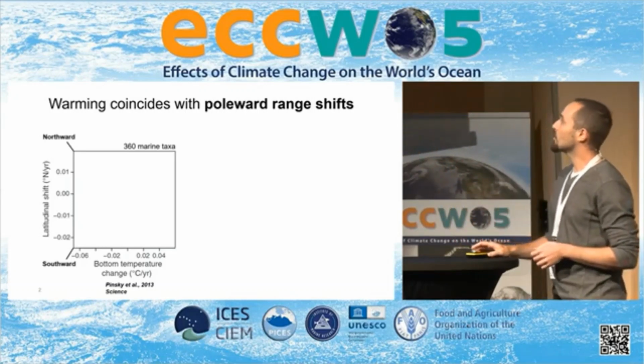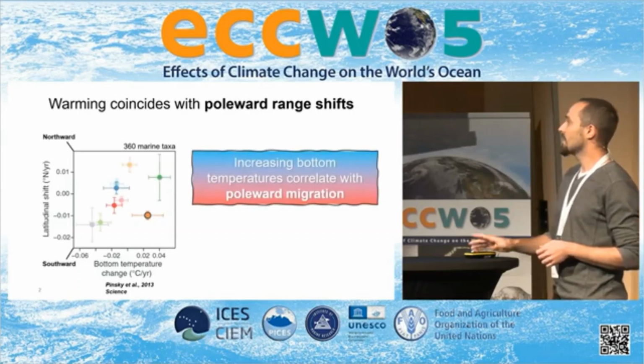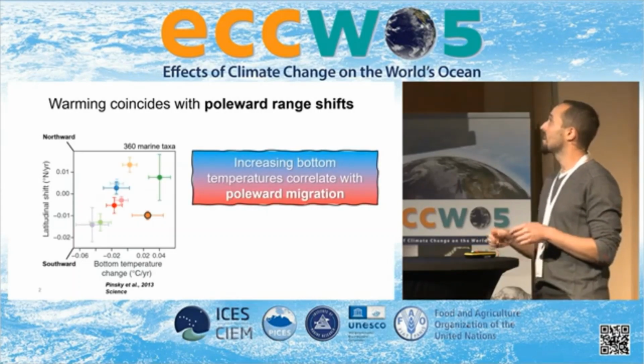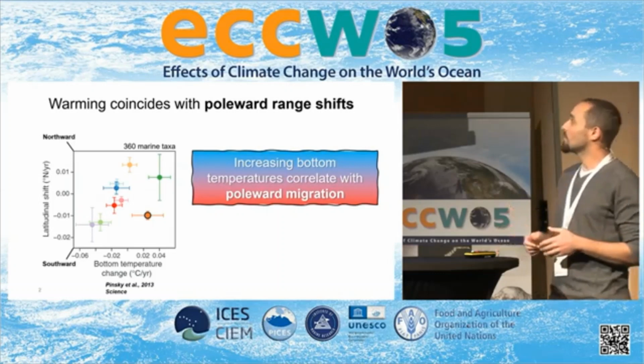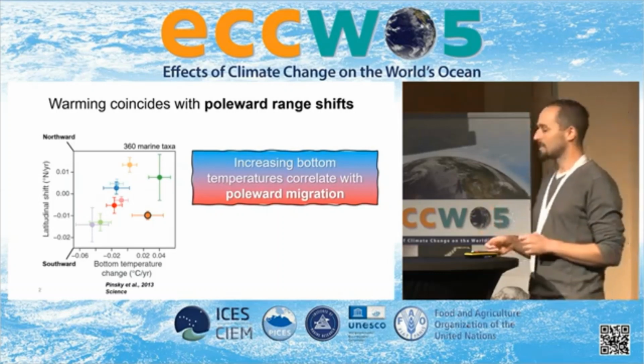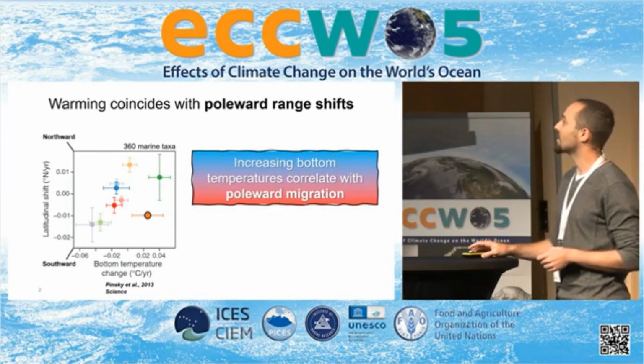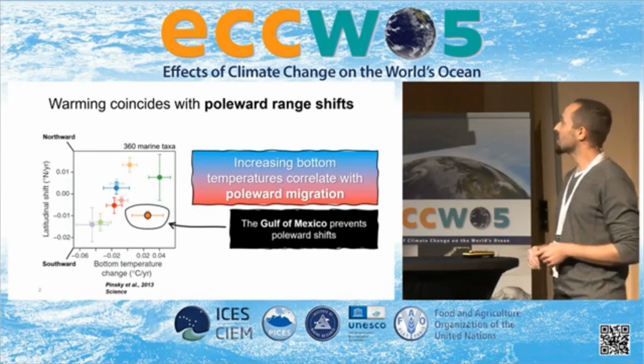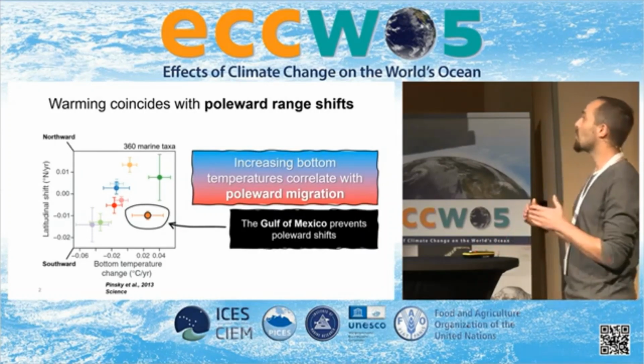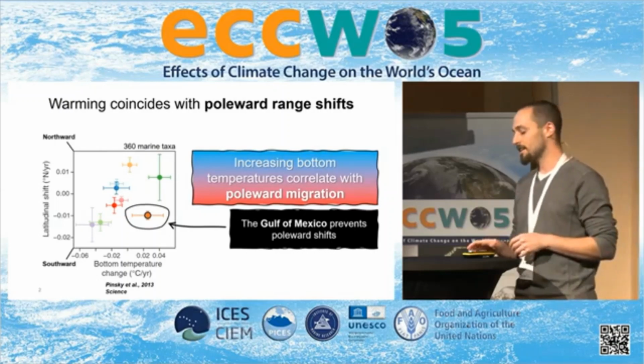What they found across 360 marine taxa is a positive relationship, meaning that increasing bottom temperatures correlate with forward migration. You can see one interesting outlier in orange. That is the Gulf of Mexico, which probably prevents the forward shift due to its semi-enclosed nature.